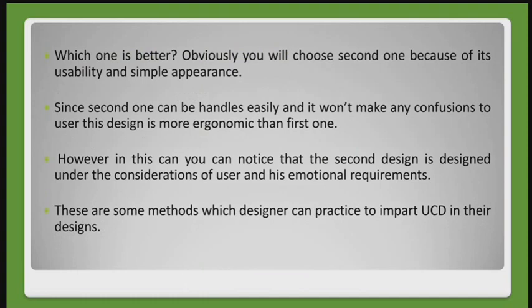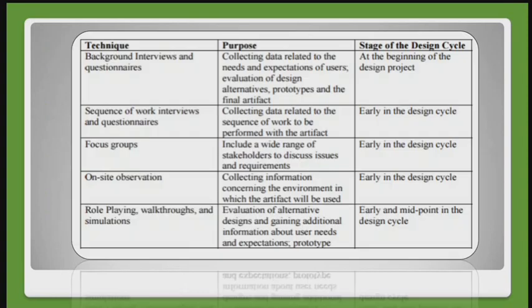However, we will notice that the second design shows more consideration, the user will give more consideration to it because of his emotional requirements. So there are some methods a designer can practice to achieve usability in their designs. They are the technique, purpose and stage of the design cycle.